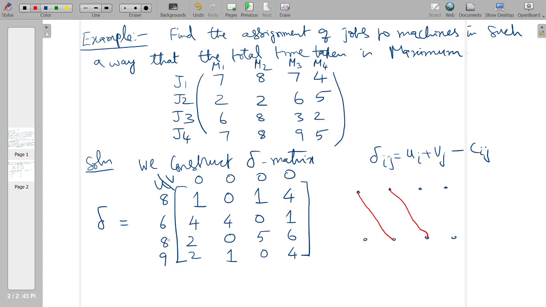And now in the third row, second entry is 0, so I join J3 with M2, and in the last row, third entry is 0, so what we do is we join J4 with M4.